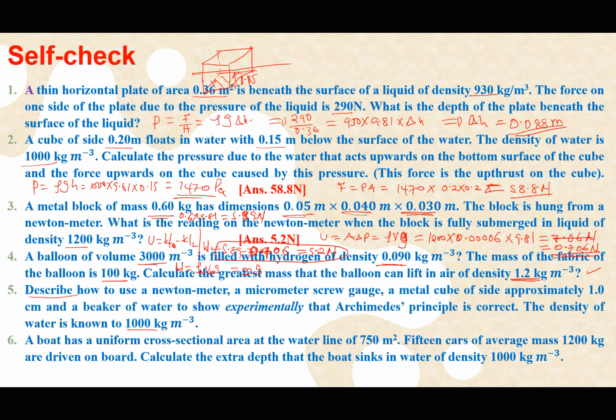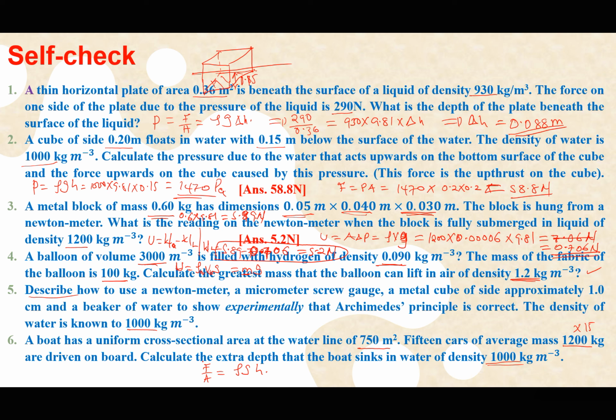A boat has a uniform cross-sectional area at the waterline of 750 meters squared. 15 cars of average mass 1,200 kilograms are driven on board. So there are 15, and the total mass is going to be this times 15. Calculate the extra depth that the boat sinks in water of density 1,000. So they have given us the density and the cross-sectional area. We shall say pressure is force over area, which is equal to density times g times h.